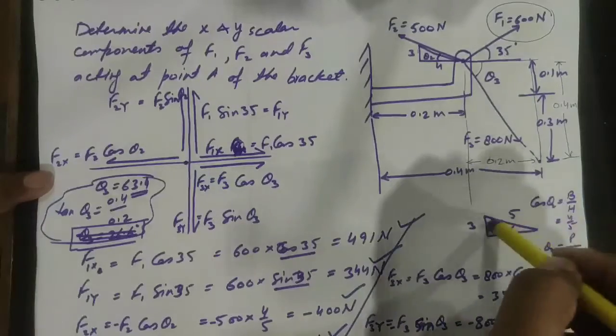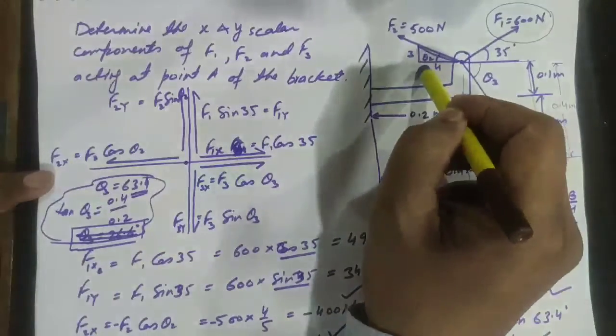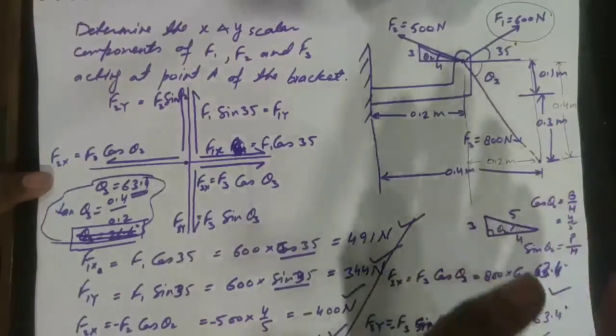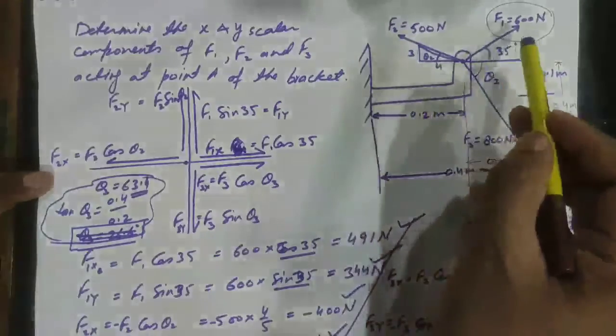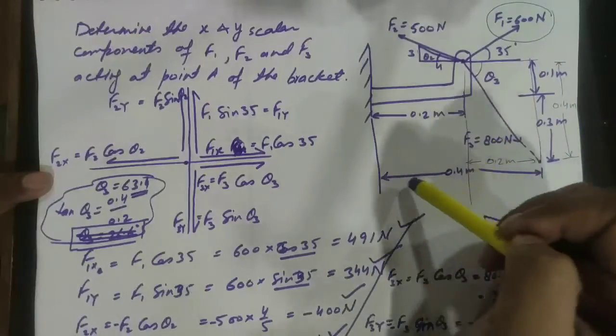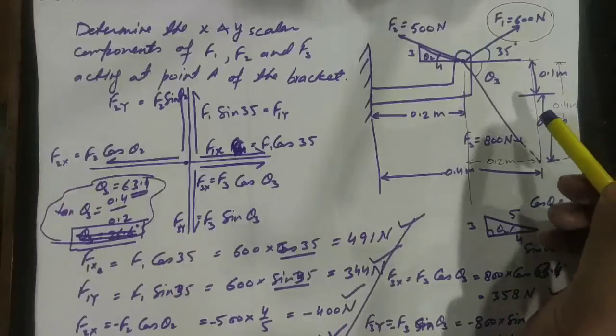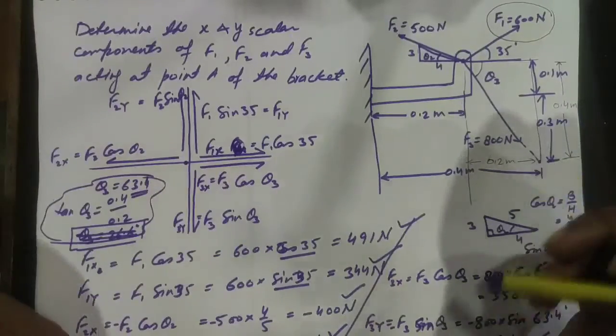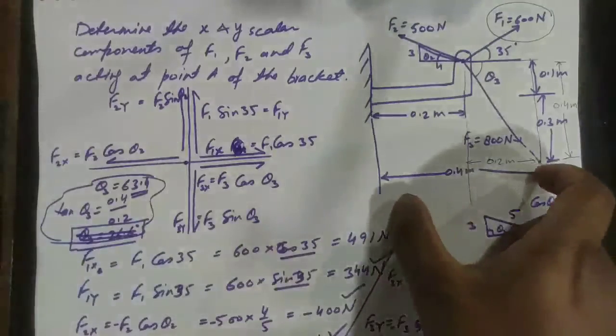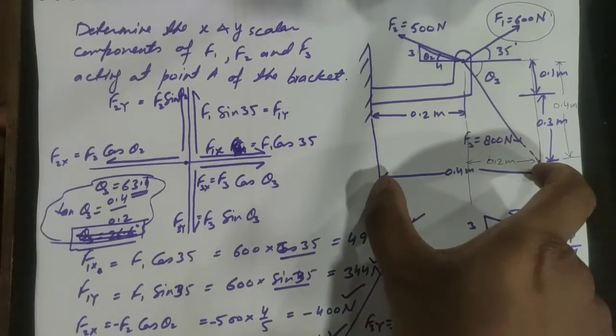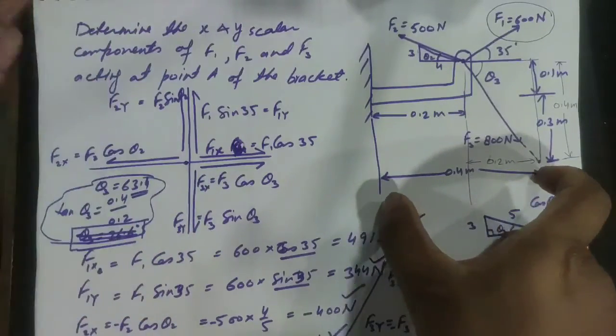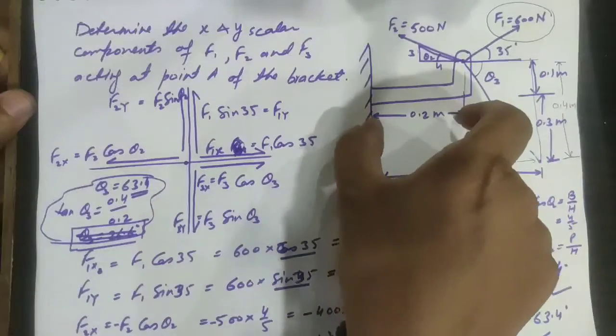Like this we calculate the angle and solve. In some cases we are not given the angle, we are given relative dimensions, like the point is given and its distance from the base wall is 0.4 meter and the bracket distance is 0.2 meter.